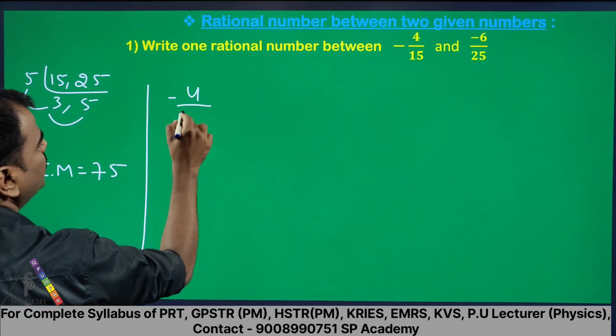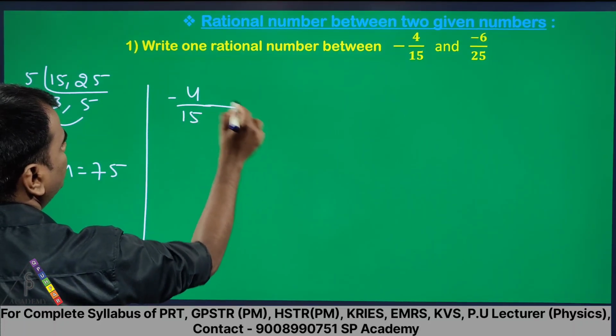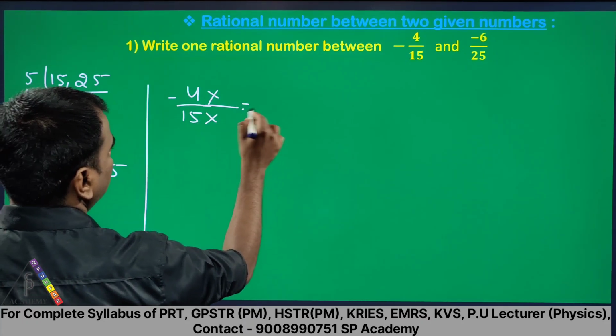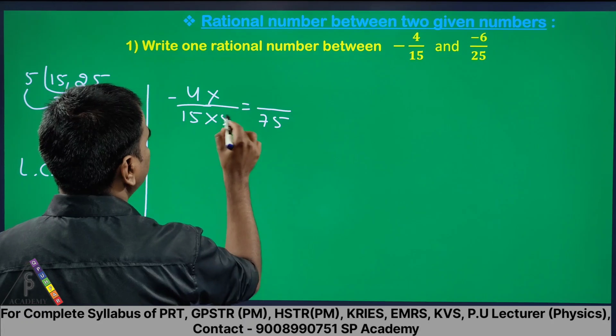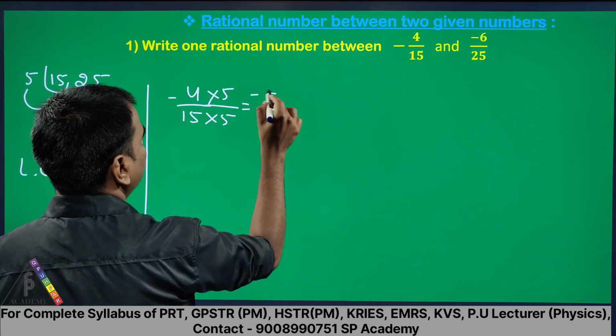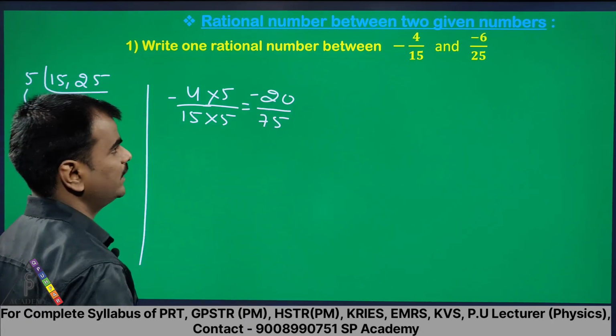Minus 4 by 15, we'll multiply and divide by some number so that the denominator will be equal to 75. 15 into 5 is 75, therefore minus 20 by 75.